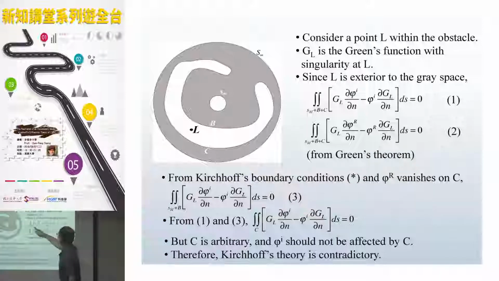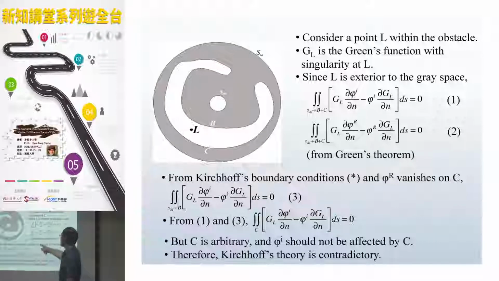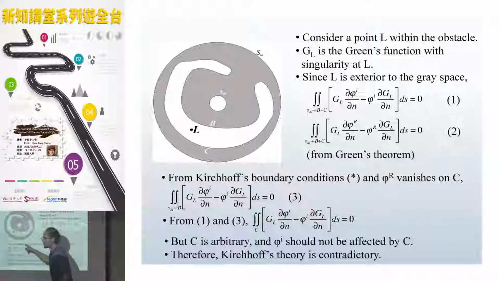So for this equation, the C part should go out. We only keep the Sm and B part as the domains of integral, and moreover, according to the condition star, we should replace phi R with phi I. So that gives us this, right? So Kirchhoff's boundary condition gives us equation 3.